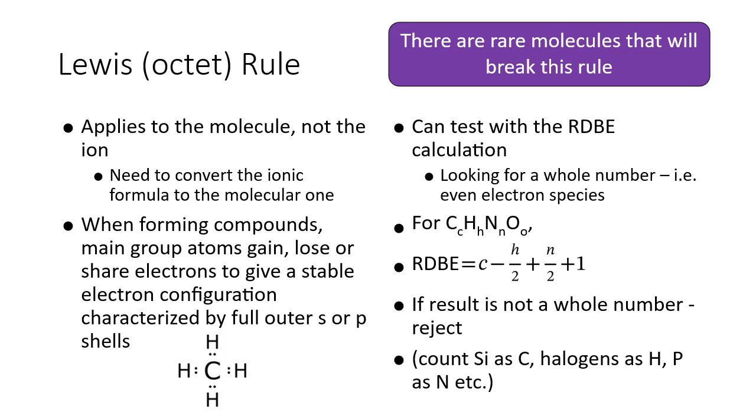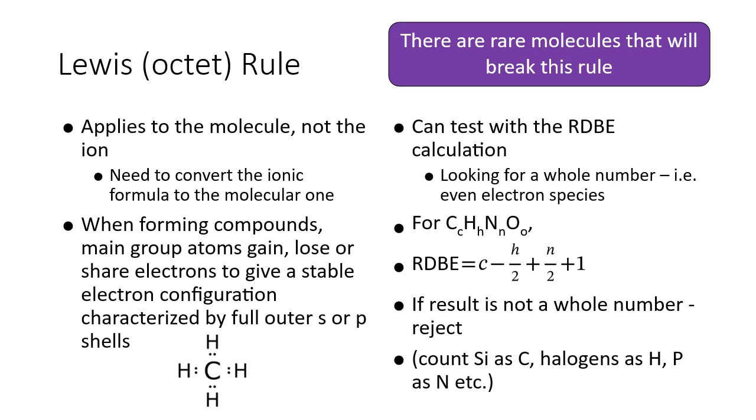In order to test whether any proposed formula passes this Lewis rule, you can use the rings plus double bonds equivalent equation that is normally used to estimate the number of double bonds or rings in a molecule. But it's also the same equation we used way back in the first lecture in this series to test whether an ion in an electron ionization spectrum could be a radical molecular ion. So it's a multi-purpose, very useful formula.